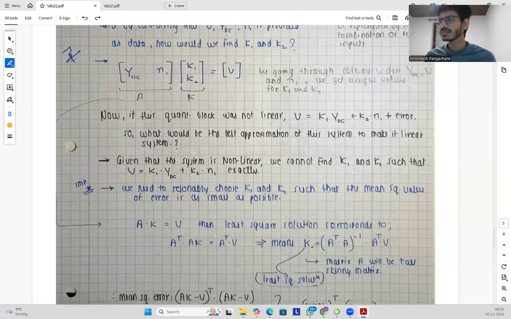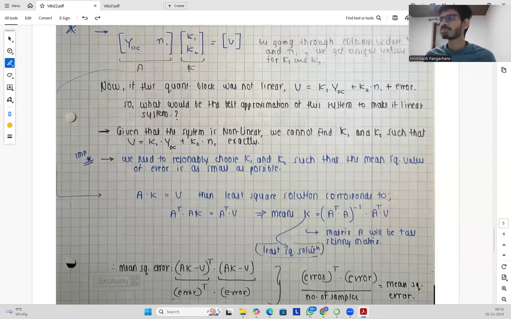So if A times K equals V, then the least square solution corresponds to this relation, which means matrix A will be a tall skinny matrix. It's just a way to take the least square solution. And why least square solution?